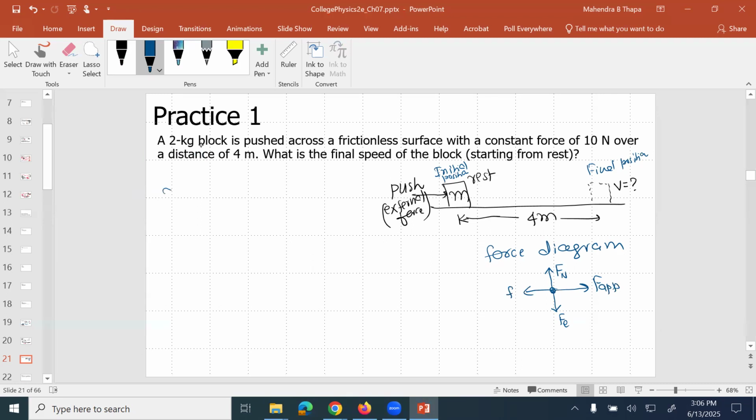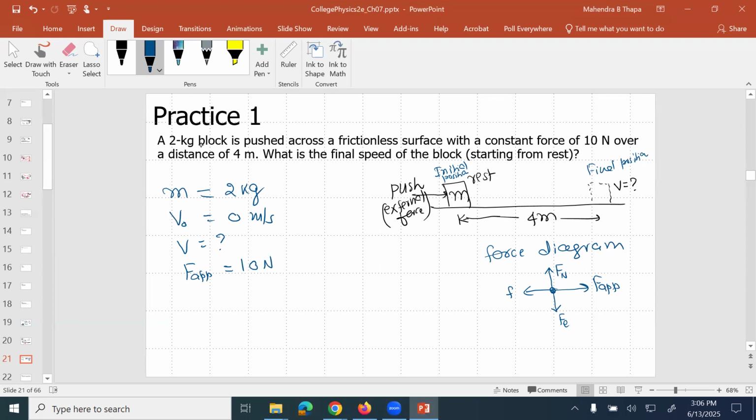In our case, they give mass equals 2 kilograms. V initial is equal to 0 because it is at rest. V final, we don't know. Applied force is 10 Newtons.